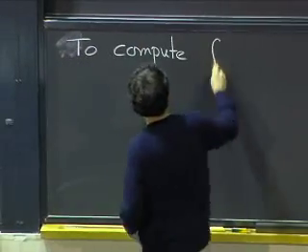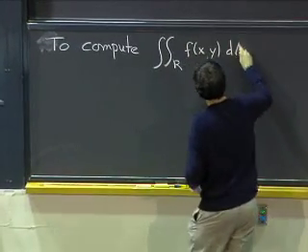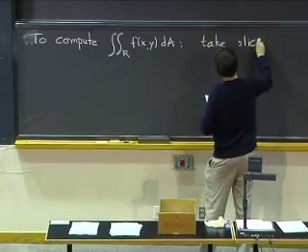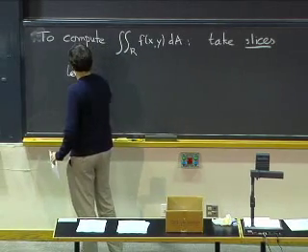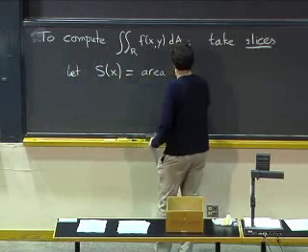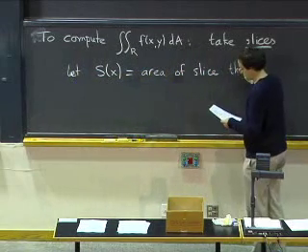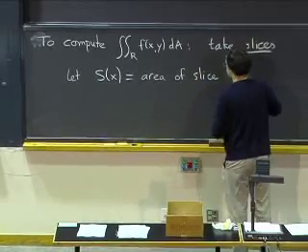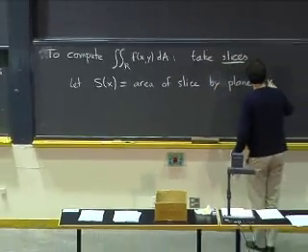To compute this integral, what we do is take slices. So let's call S of x the area of a slice through, by a plane parallel to the YZ plane.